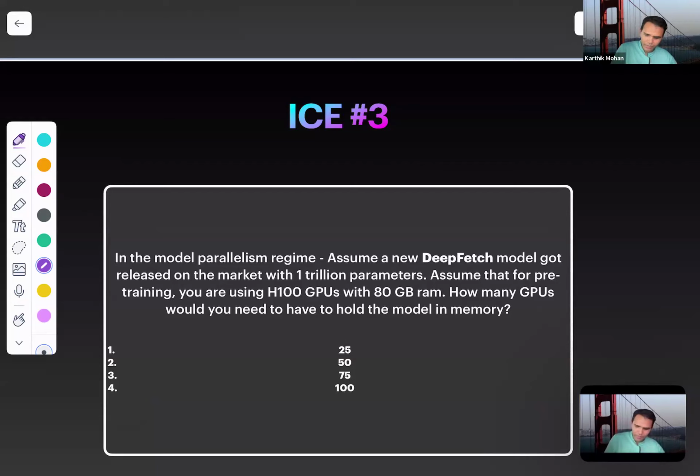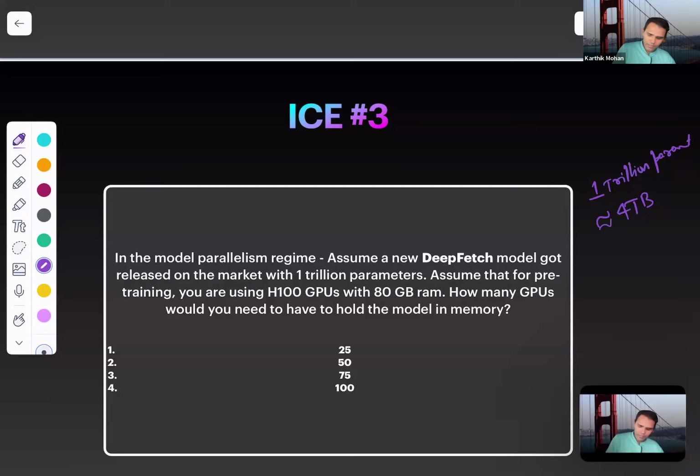So this is like a thumb rule: billion translates to gigabytes and trillion translates to terabytes. You just have to have that in mind. So 1 trillion parameters is roughly 4 terabytes, assuming 4 bytes per parameter.